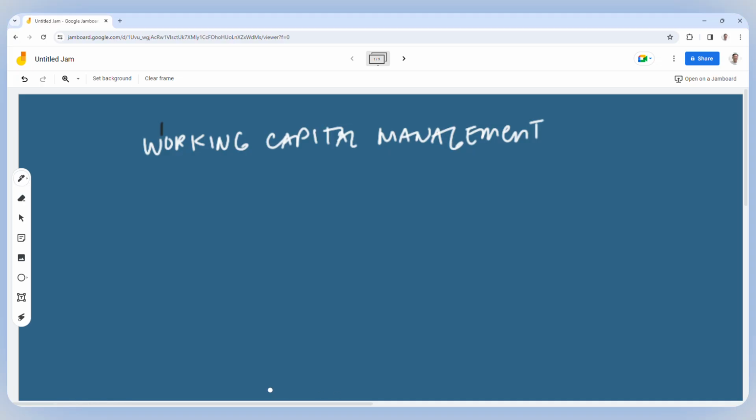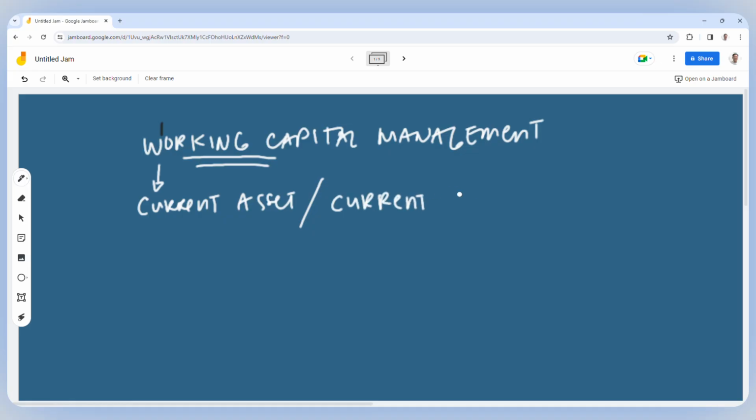Class, when we say working capital, it is very important to discuss first our FS analysis, di ba? Working capital, meaning to say, you have your current assets and also your current liabilities. We need to consider these two.